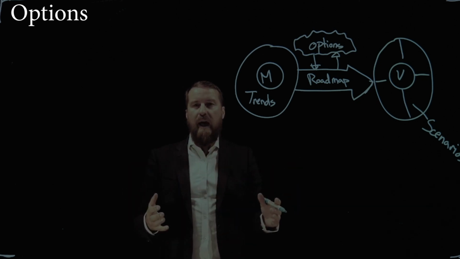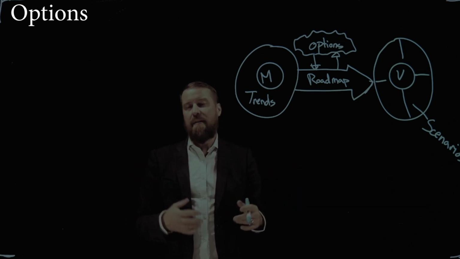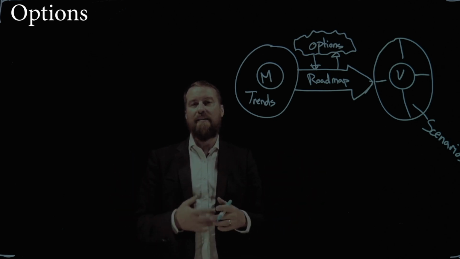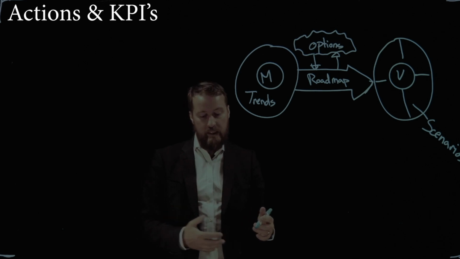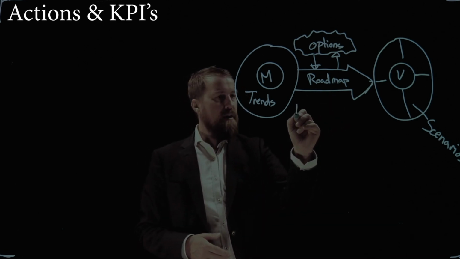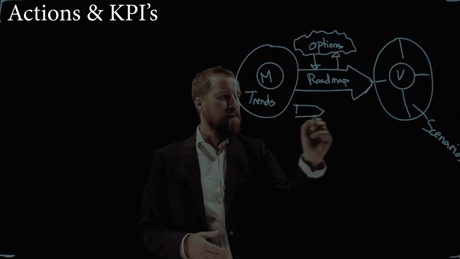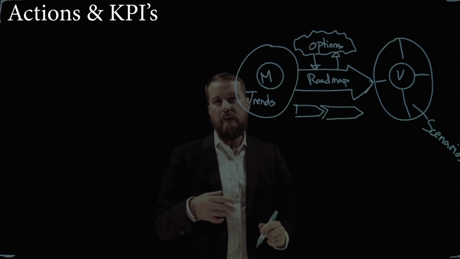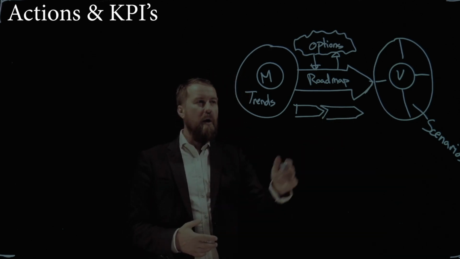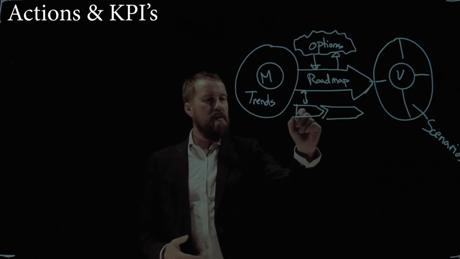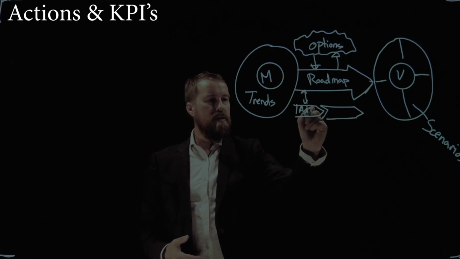As all good plans will happen, and as they say in the army, no plan lasts until the first enemy meeting. And therefore, we want to do a couple of more things. We want to monitor our roadmap, and we want to include some actions.